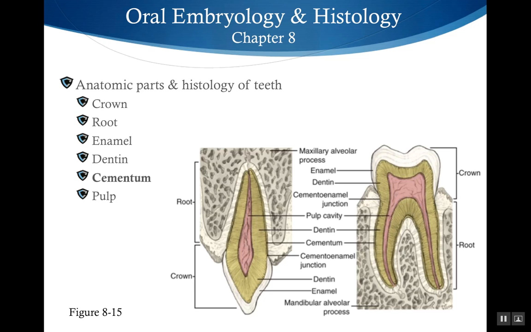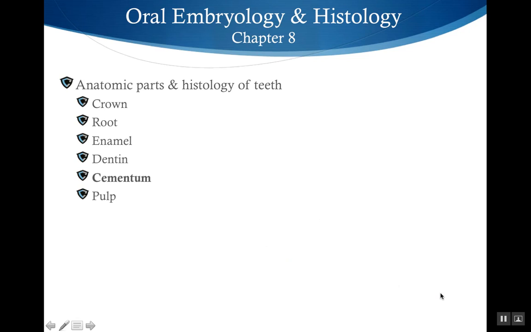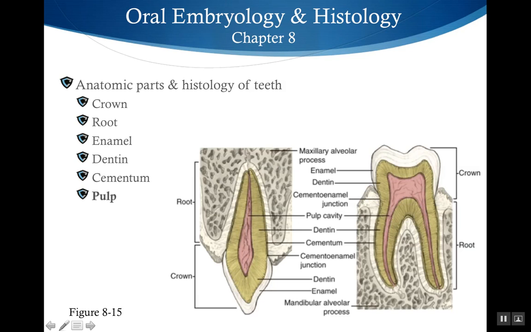We would refer to the upper half of the root as the coronal portion of the root, as in it's closer to the crown of the tooth, whereas this lower half of the root would be the apical portion of the root because it's closer to the apex of the root.